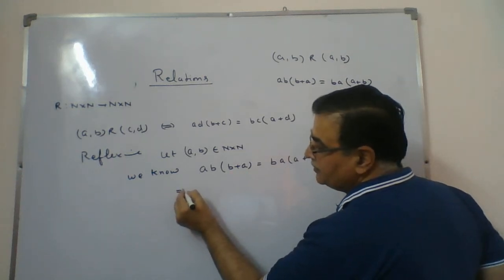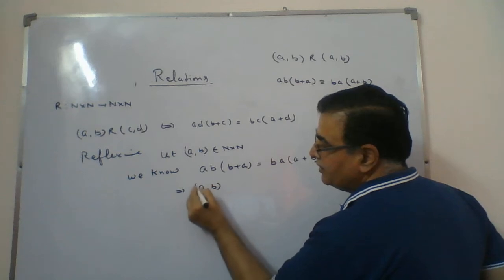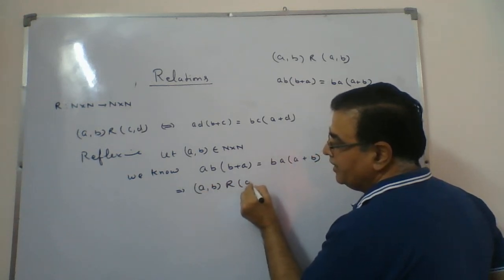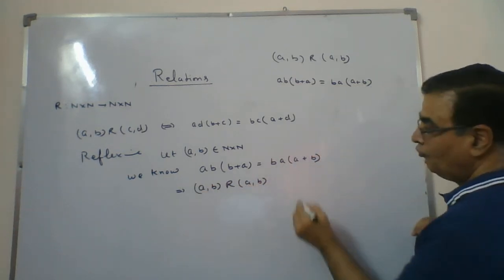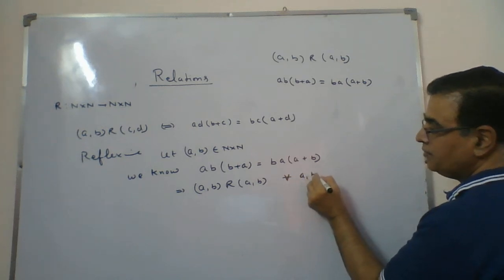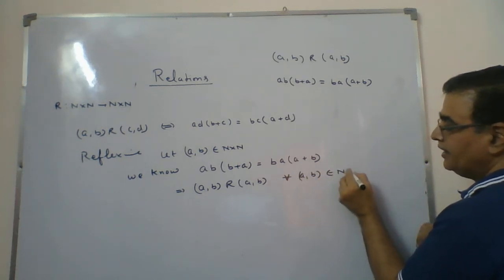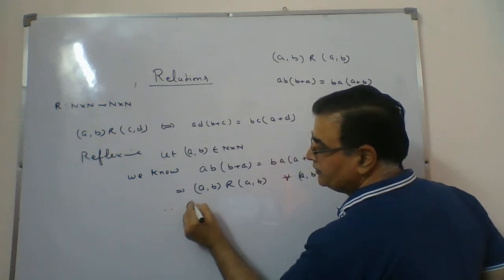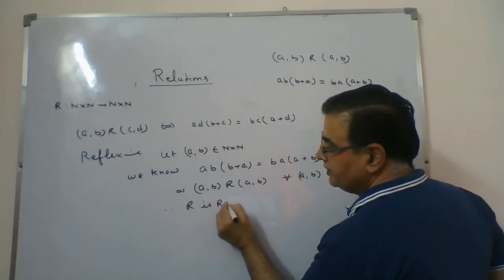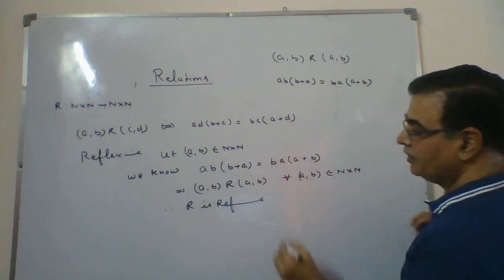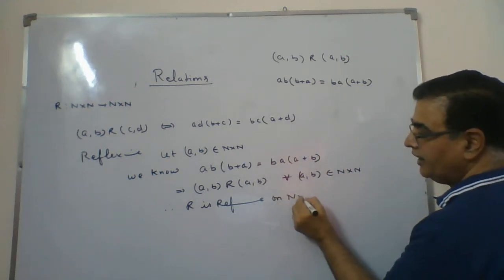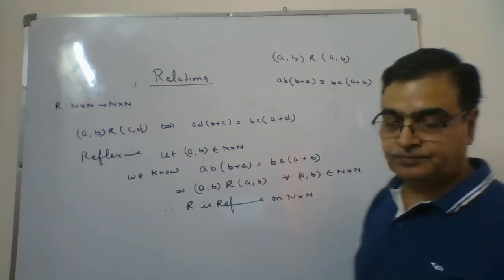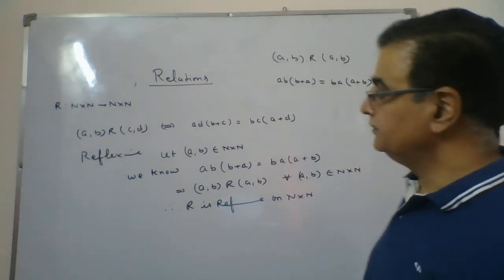What does it mean? This implies (A,B) relates with (A,B) for all (A,B) belonging to N cross N. And therefore R is reflexive on N cross N. This is the first thing we got.